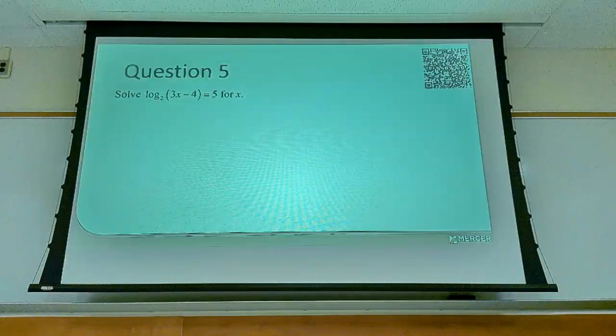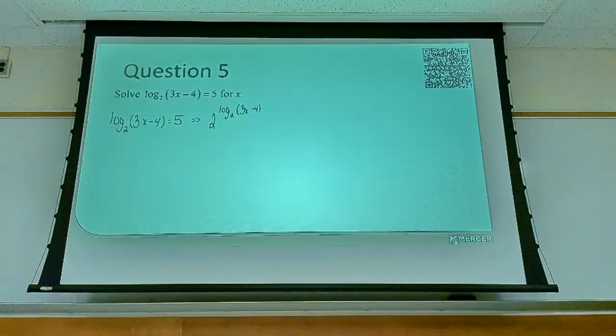We want to get rid of log base 2, so what should the base of our exponential be? What's the base of the log? 2. So what should the base of our exponential be? 2. So you take each side as an exponential base 2.